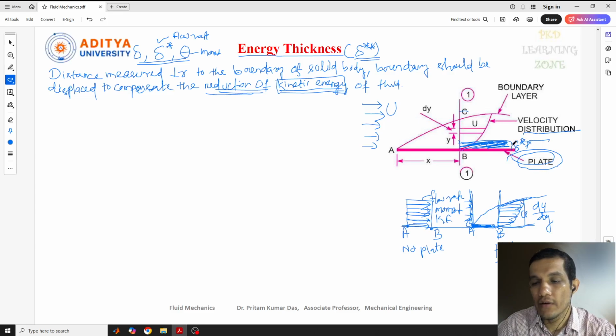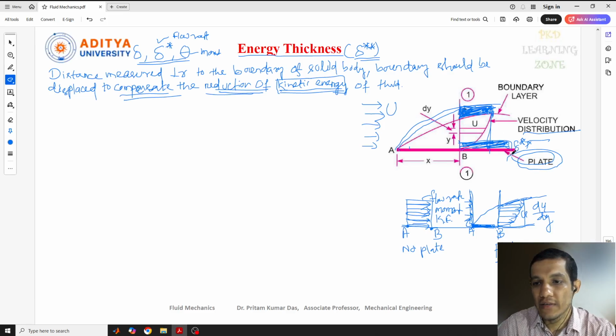If you increase the height of this, then obviously the boundary layer which was there will also increase here. So the boundary layer formation, if you start from here, will be formed like this. How much increment happens here? I'll make this one dark. This position may be like this or like this, and we don't know how the increment will be formed, but we are thinking that to compensate this reduction, we are supposed to displace the plate.